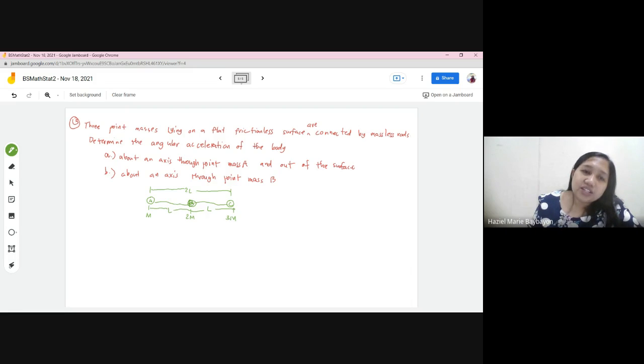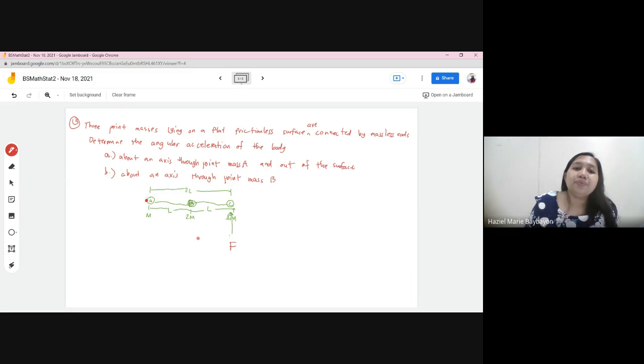Okay. So, first case, this system is rotating about an axis through point mass A. So here is our rod. And then there is a force applied here causing this to rotate. The force is denoted by F. For example, to imagine it better, imagine a stick placed through point mass A, wherein your system can rotate about that axis.